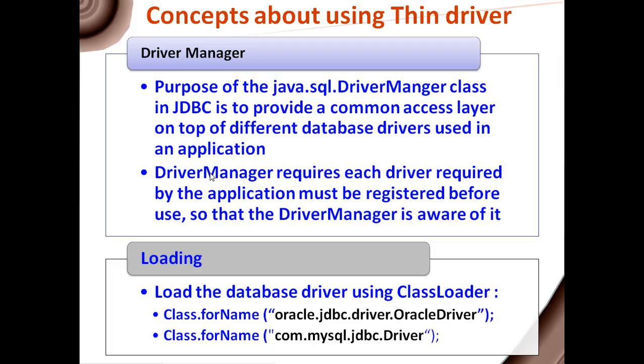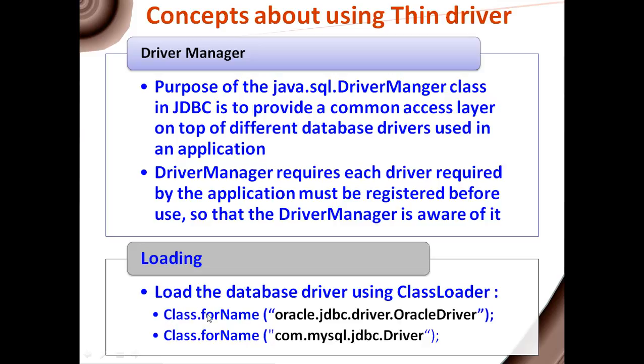The way it is shown here on the screen, you can see load the database driver using class loader. Say for example I want to load the Oracle driver, then I will have a unique way to do that. This is a class, so that's why it is called class loader.